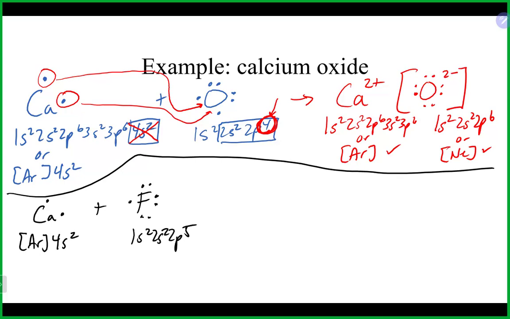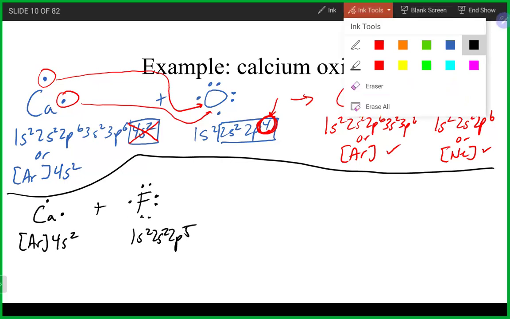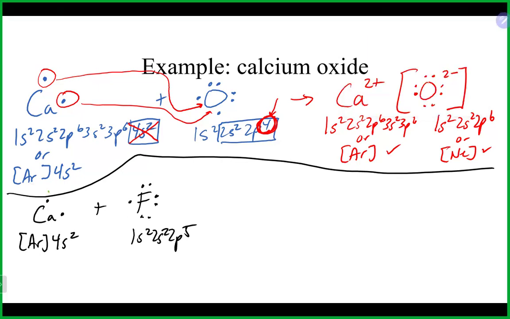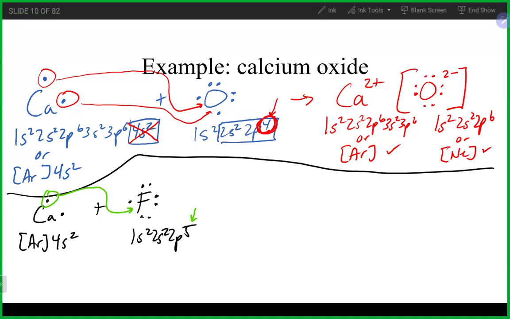In this case, what's going to happen is the same sort of idea. We're going to get our calcium that's going to send over to fluorine one of those electrons, which it can handle right there. At this point, though, we run into a little problem, and that problem is, can this fluorine take any more electrons? It cannot.